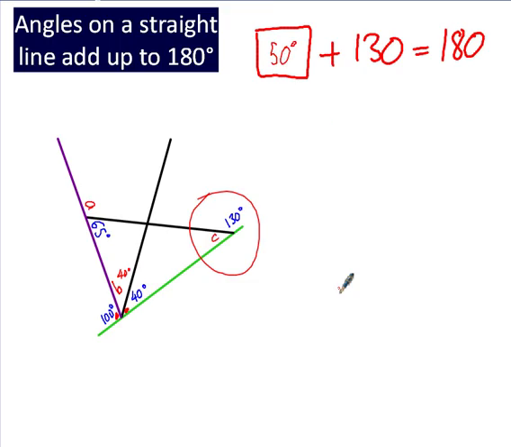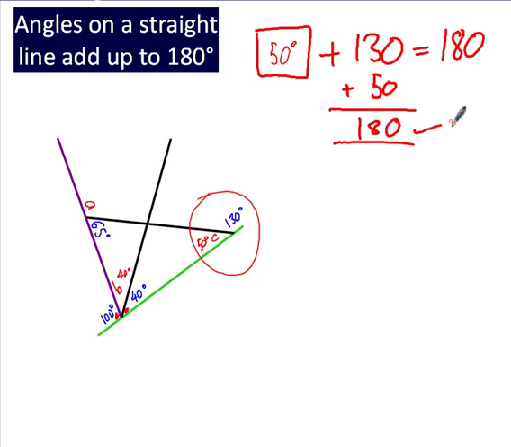Okay, so I'm going for C equaling 50. It's worth doing a check though. 130 plus 50 should equal 180. 0, 8, 1, yep. So it must have been 50.